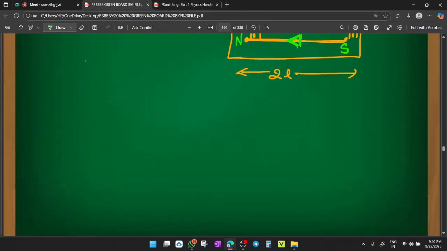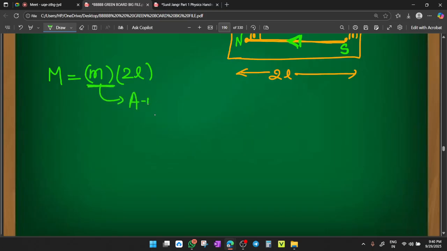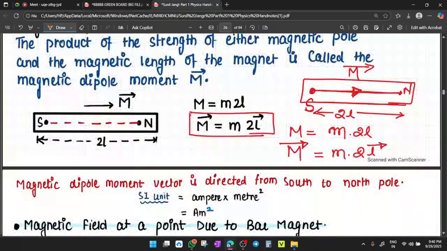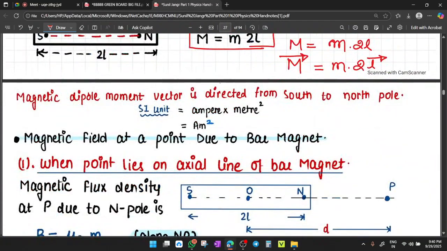The formula of magnetic dipole moment is capital M equals m into 2l. The unit of m we have studied is ampere meter, multiplied by 2, a constant with no unit, but l is the length, having the unit meter. So it produces the unit ampere meter square. So the unit of magnetic dipole moment is ampere meter square.